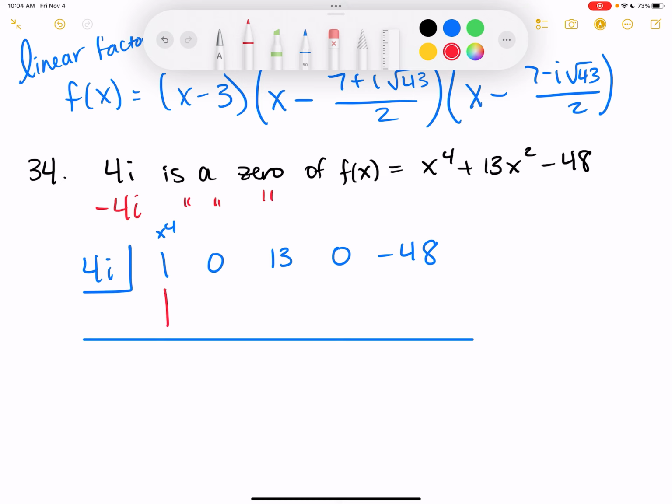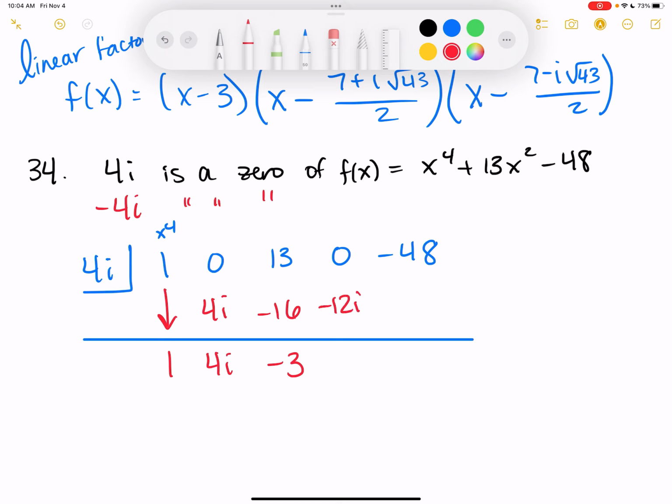All right, so we bring the 1 down, so then we do 1 times 4i, which is 4i, plus 0 is 4i. Then 4i times 4i is 16i squared, which is negative 16. Negative 16 plus 13 is negative 3. Negative 3 times 4i is negative 12i.